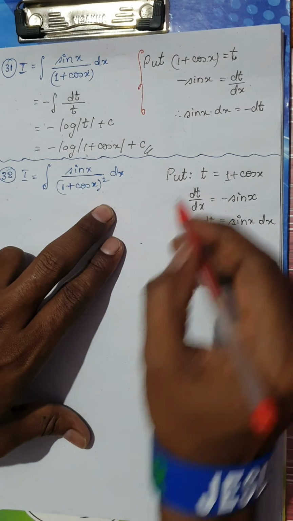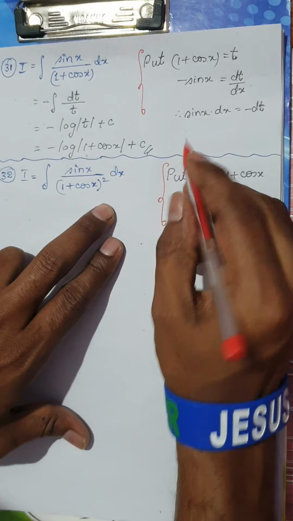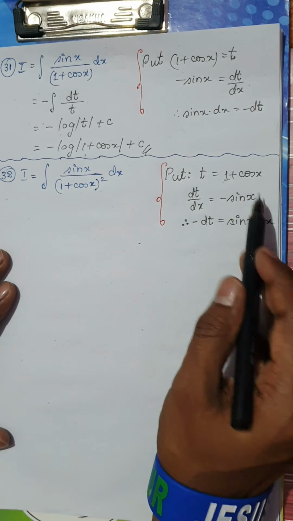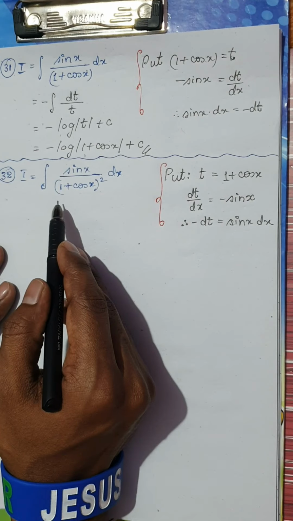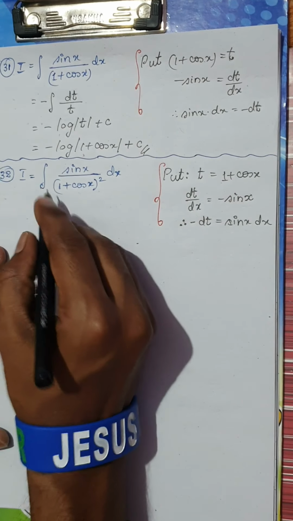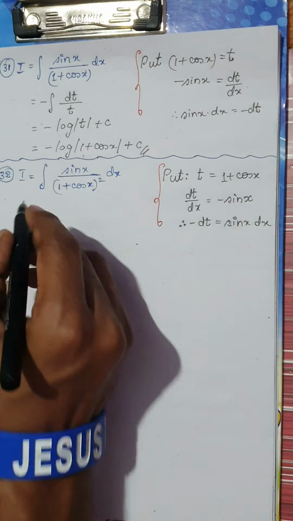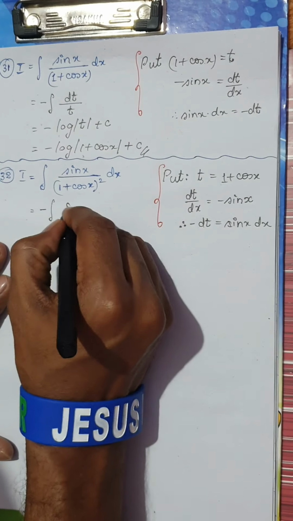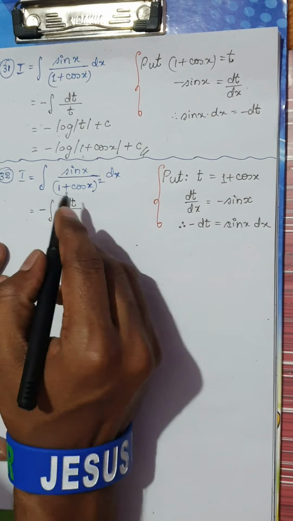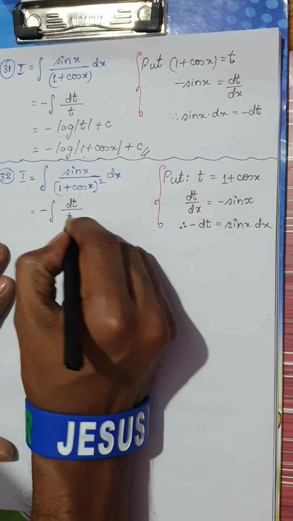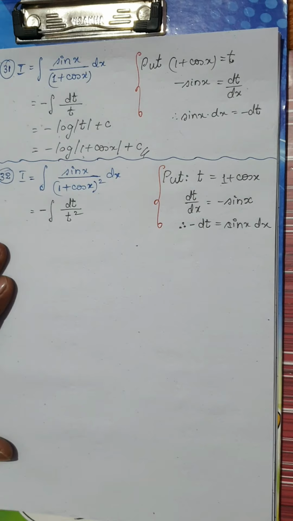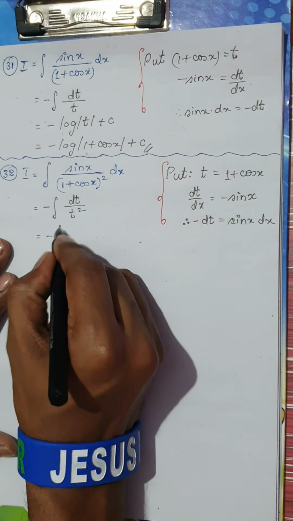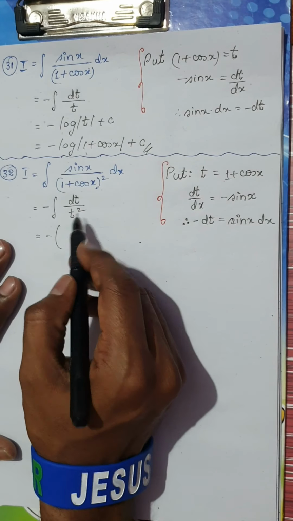Make sure you also write the substitution part neatly, because here you would be getting 1 mark for the substitution and 1 mark for the final result. Is it clear? Since I have negative here, I will keep it outside: negative of sin x dx would be nothing but dt divided by 1 plus cos x, which is t, and squared because I have a square here. This is nothing but minus of the integral of 1 by t square.